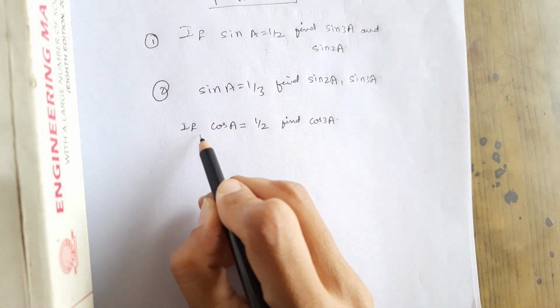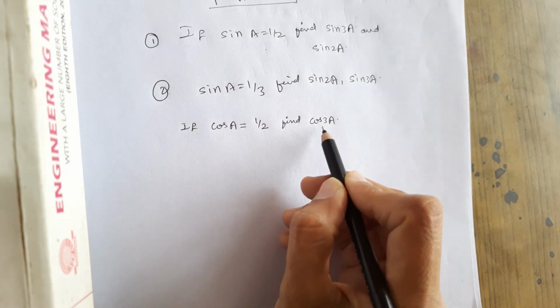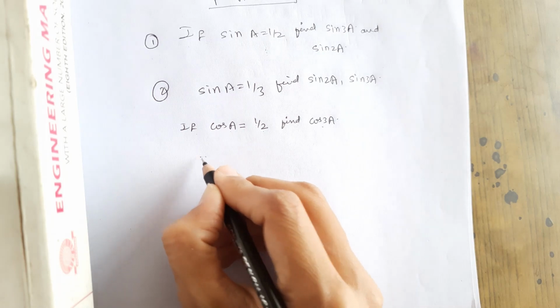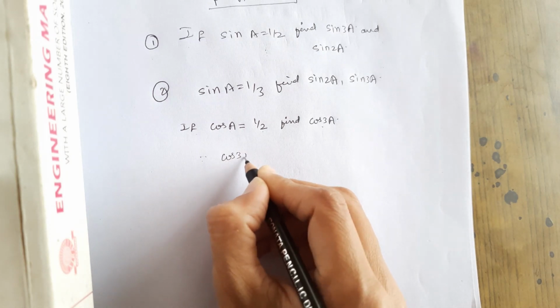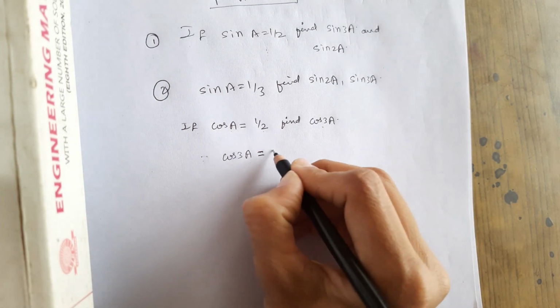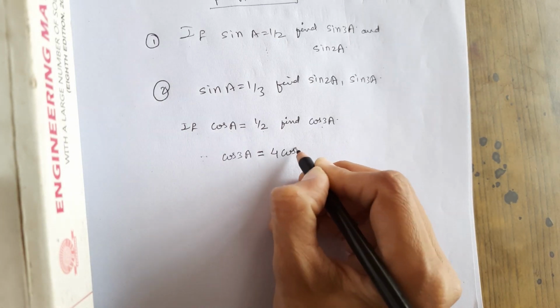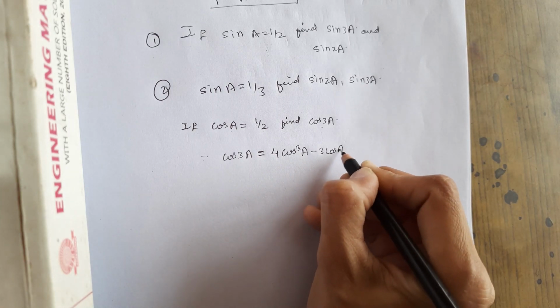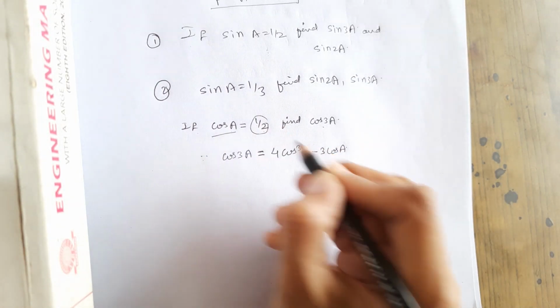The next example is, if cos a is given as 1 by 2, I want to find cos 3a. It is very simple, because I know cos 3a equals 4 cos cube a minus 3 cos a. I am just substituting the value of cos a here.